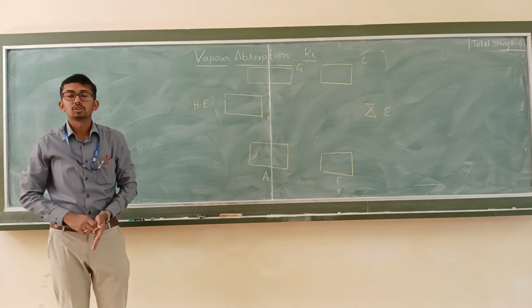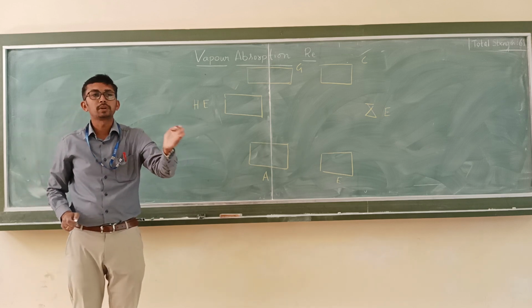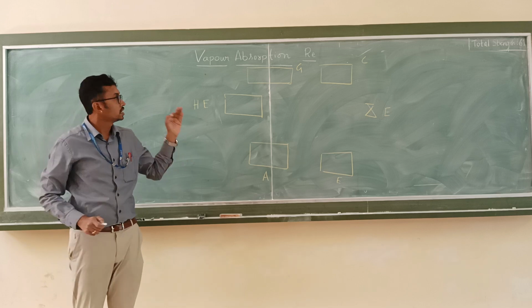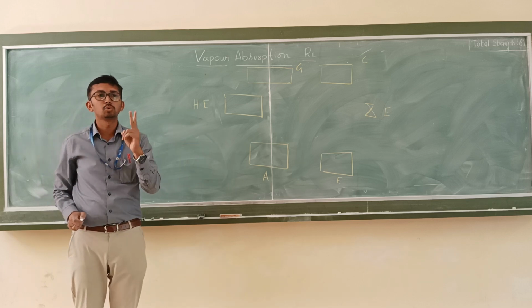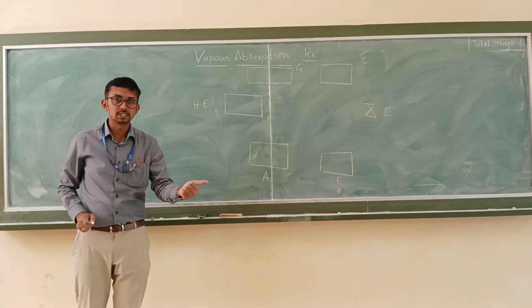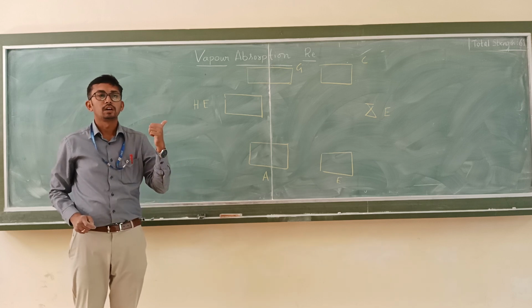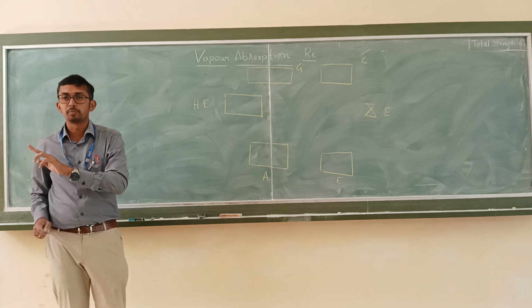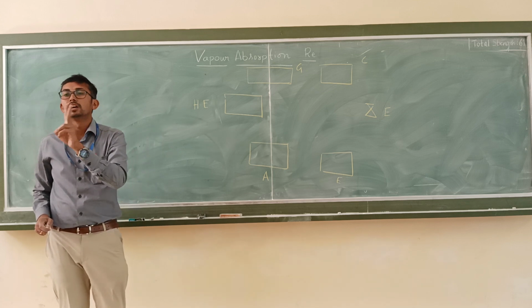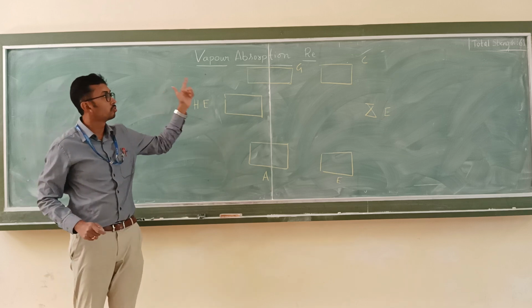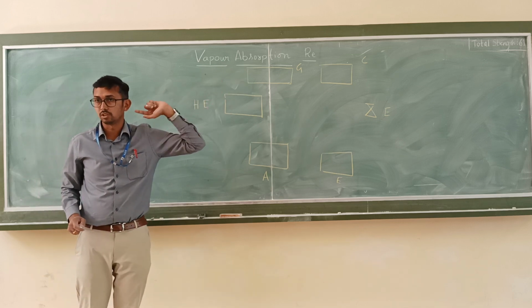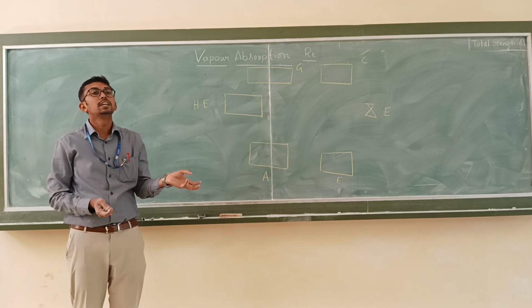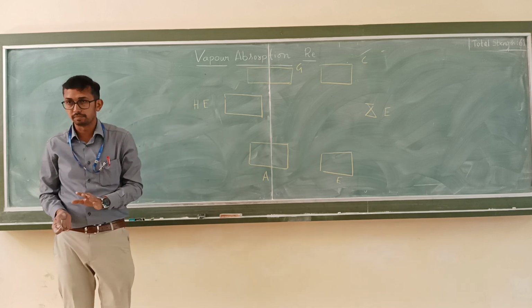Is it clear? In vapor compression refrigeration, there are many refrigerants. Here particularly there are two types: ammonia and lithium bromide. These are the main refrigerants used in vapor absorption refrigeration. Why? Because the refrigerant has to be absorbed or dissolved in another medium.